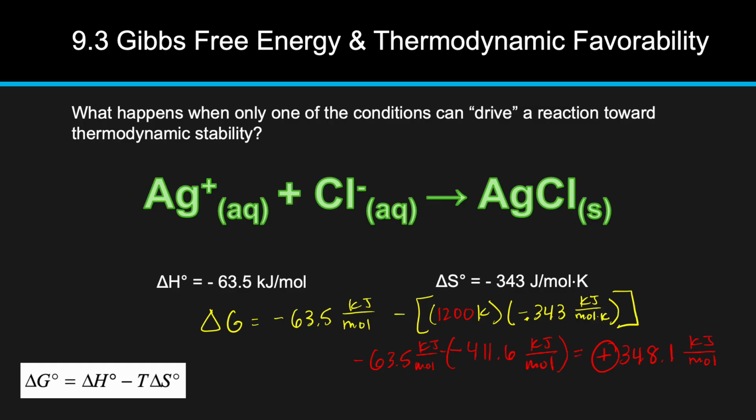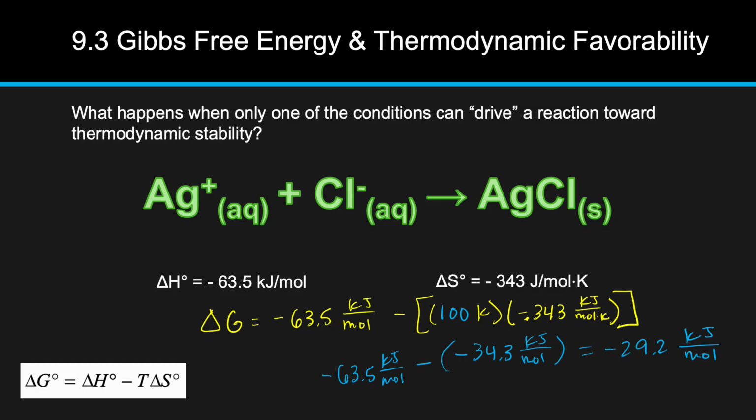So let's go to low temperatures. Let's say we were at a very low temperature of 100 Kelvin. By multiplying our T times our delta S, that is going to give us a negative 34.3 kilojoule per mole value. And if we take our original delta H, negative 63.5 kilojoules per mole, and we subtract that number, we're going to end up getting a value of negative 29.2 kilojoules per mole.